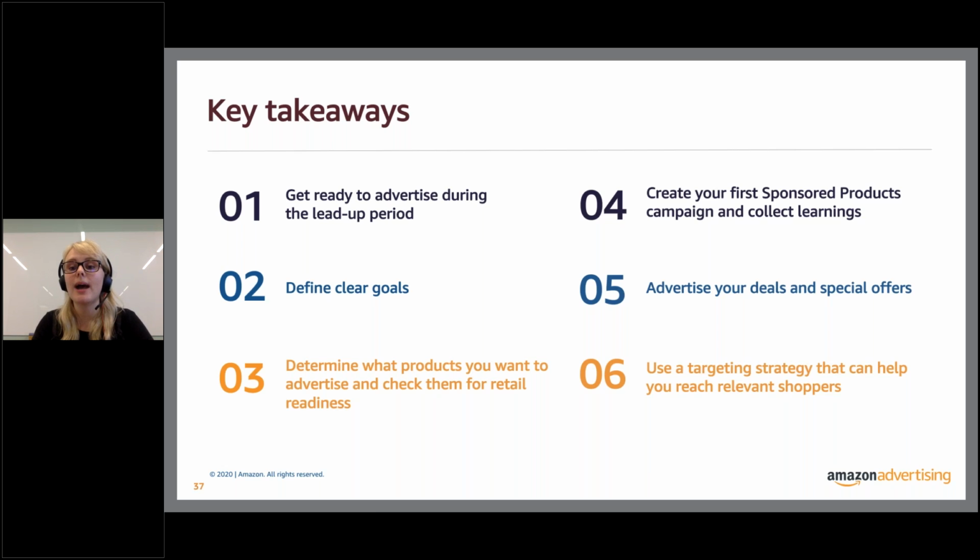So you could think about advertising products that have a deal on at the time, and use a targeting strategy that can help you reach relevant shoppers. So think about starting with automatic targeting to learn what keywords and products work, and then applying those to your manual campaigns to ensure that you're reaching relevant shoppers.